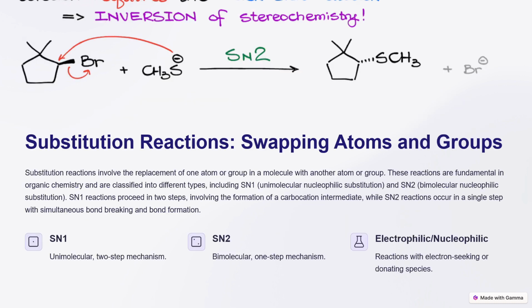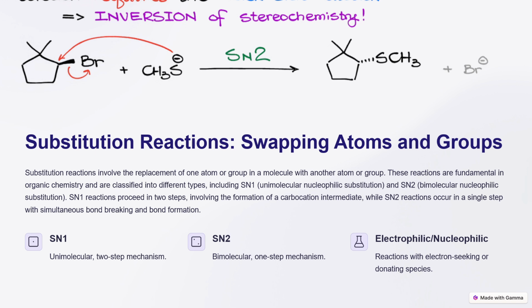So second, we have the substitution reaction, also known as swapping atoms or groups. Substitution reaction is defined as the replacement of one atom or group in a molecule with another atom or group.